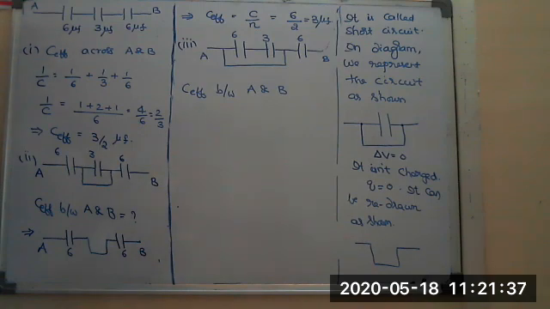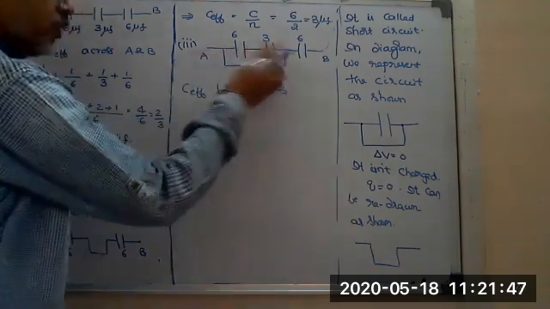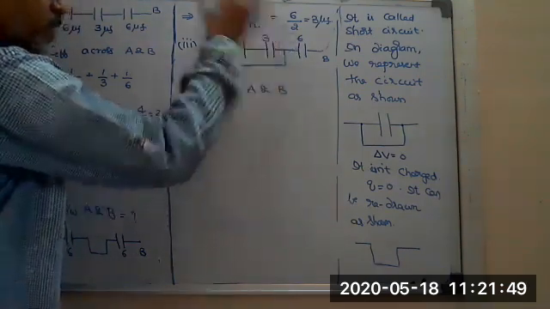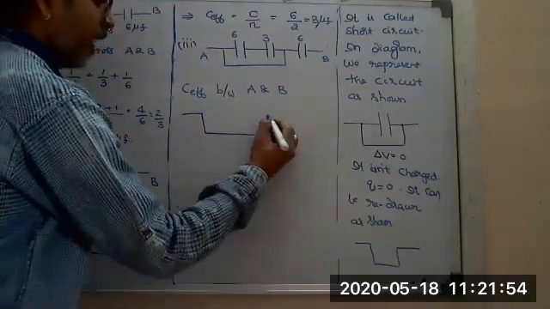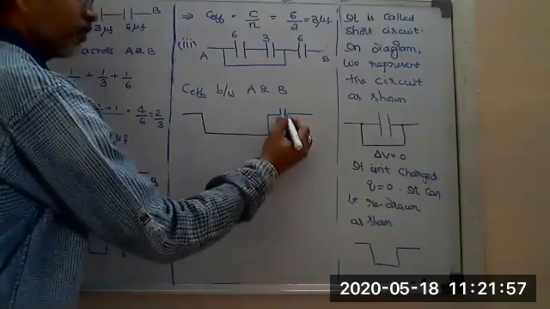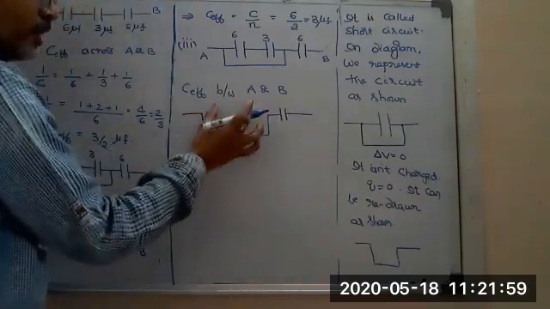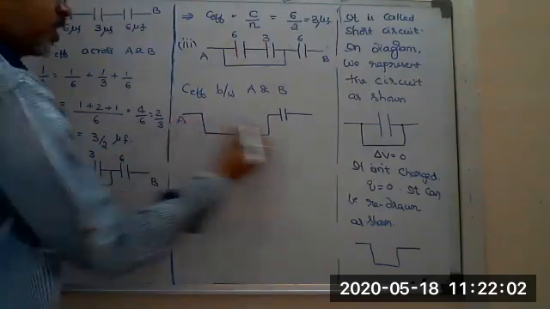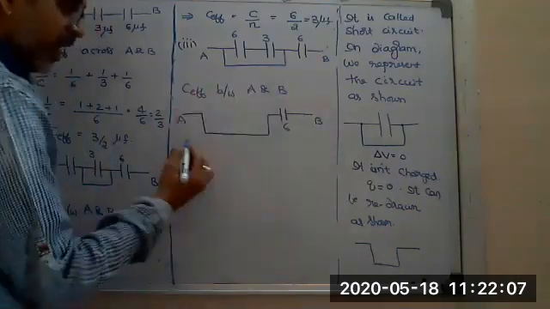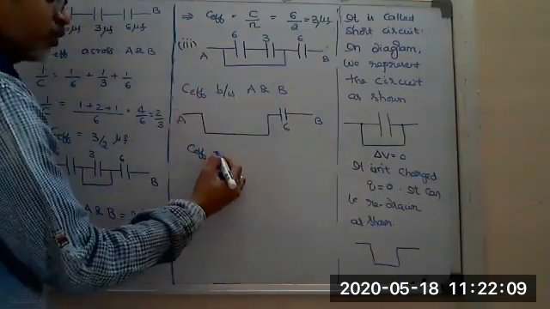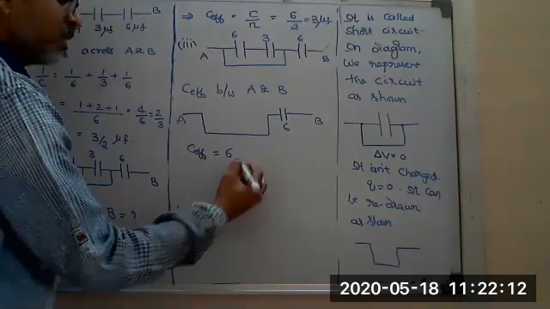How many capacitors are short circuited there? 2, sir, which are 6 and 3. Very good. So these two are short circuited, which means you can remove them from the circuit. If you see, the circuit appears like this. Between A and B there is only one capacitor. Therefore, C effective is, straight away, 6 microfarad.